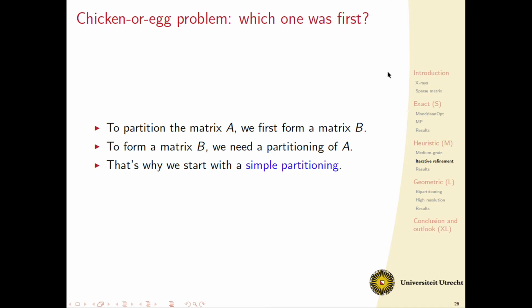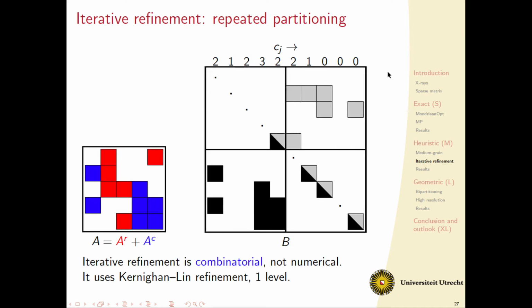But in a chicken or egg case, you can exploit that, because we can use the information after the partitioning to feed it back into the algorithm. And we call that iterative refinement, but it's not the iterative refinement that we know from numerics, from iterative linear system solving. It's combinatorial.